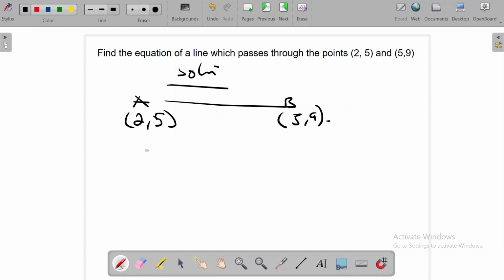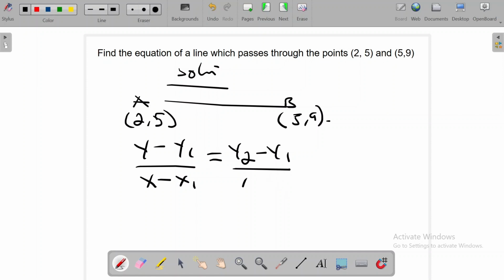The equation (y minus y1) over (x minus x1), for the one-point form, is the same as (y2 minus y1) over (x2 minus x1). To simplify, let's call this (x1, y1) and this (x2, y2).